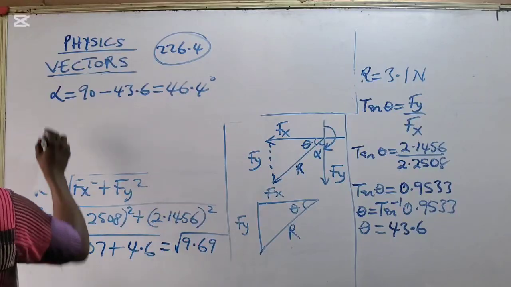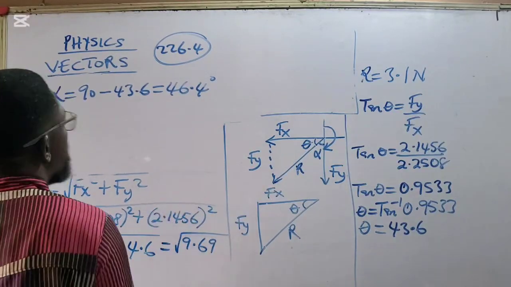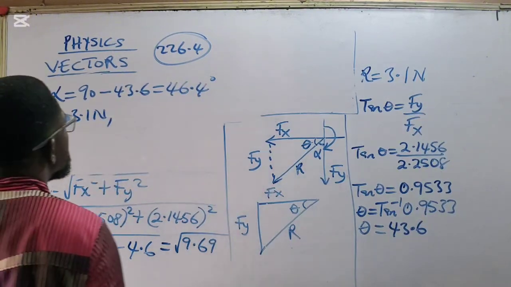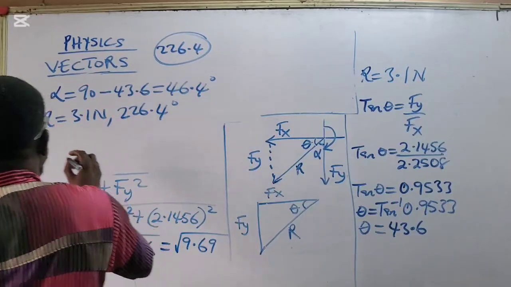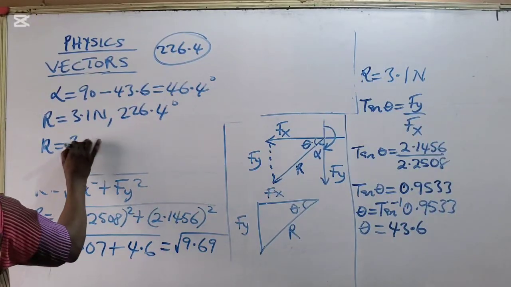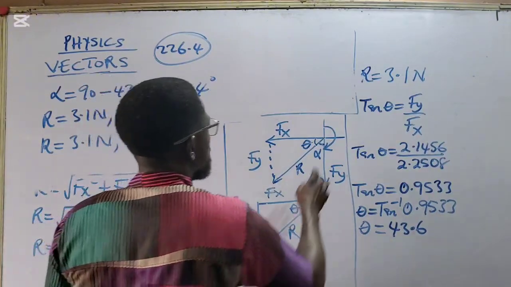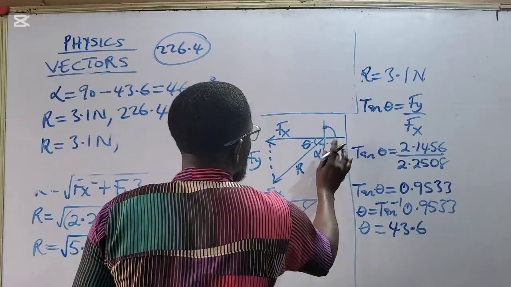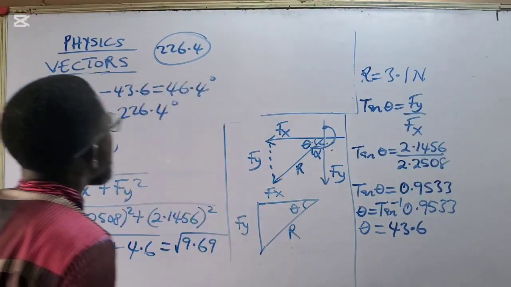The resultant, you can put it as 3.1 newtons, 226.4 degrees, or I can put 3.1 newtons from here down to this point here. That's it.